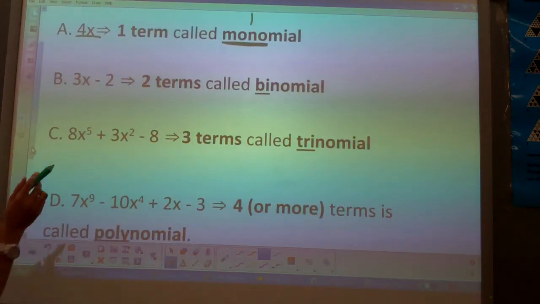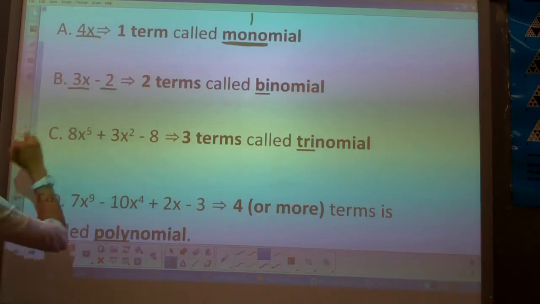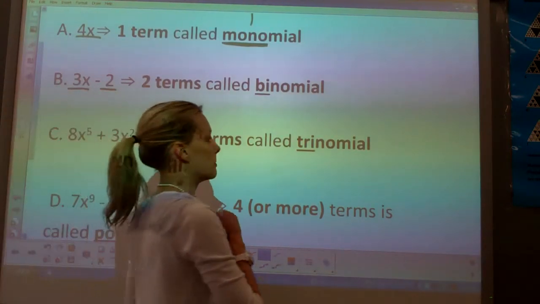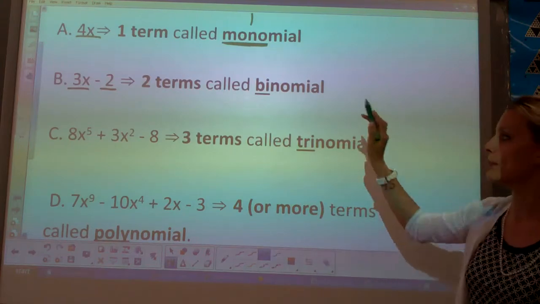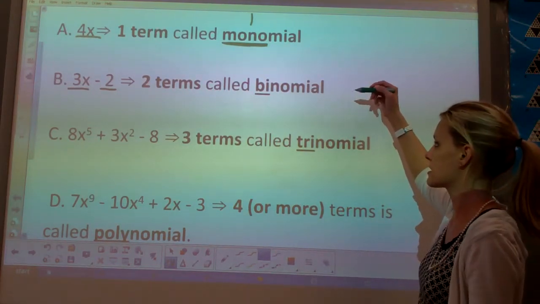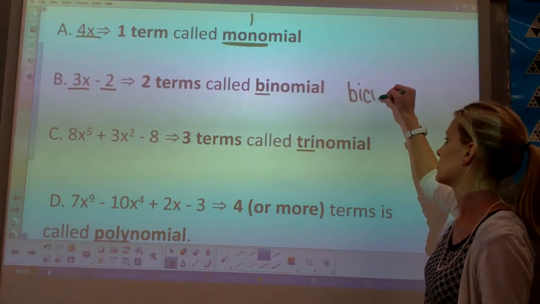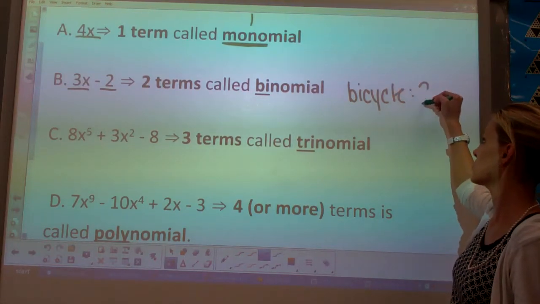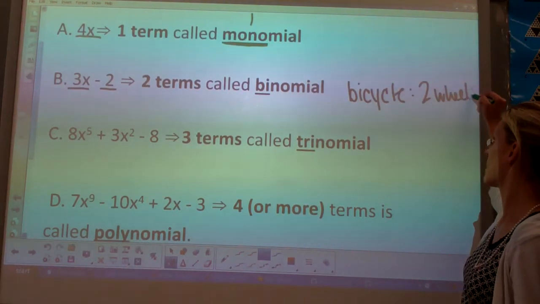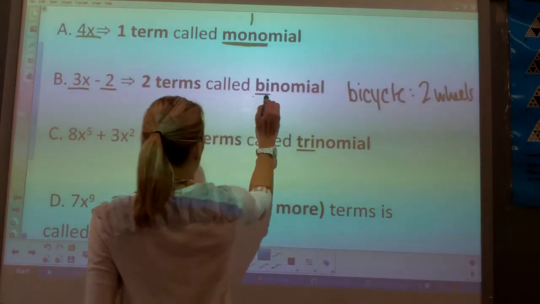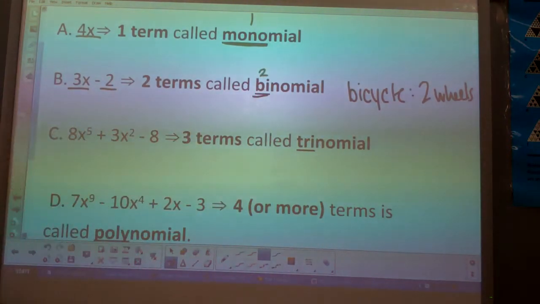For B, we have 2 terms. 2 terms is called a binomial. And the way I remember a binomial is like a bicycle. A bicycle has 2 wheels. And bi actually means 2. So there are 2 terms.